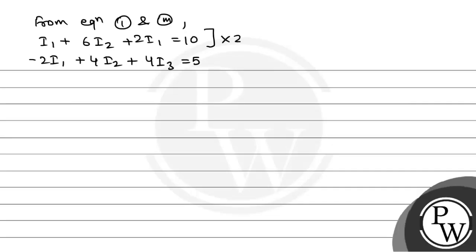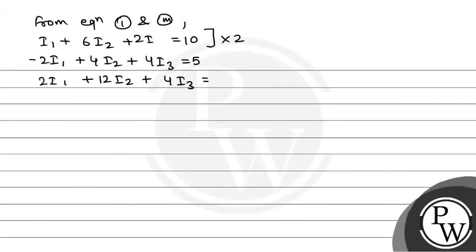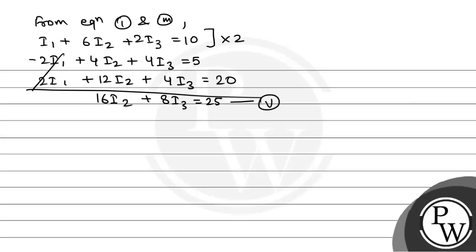So इसको अगर हम 2 से मल्टीप्लाई करें, so we will have 2I1 plus 12I2 plus 4I3 that is equal to 20. So adding these two equations, we will have 16I2 plus 8I3 that is equal to 25. ठीक है, इसको इक्वेशन 5 बोल देते हैं.